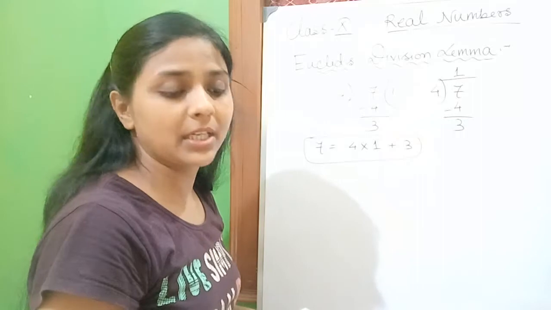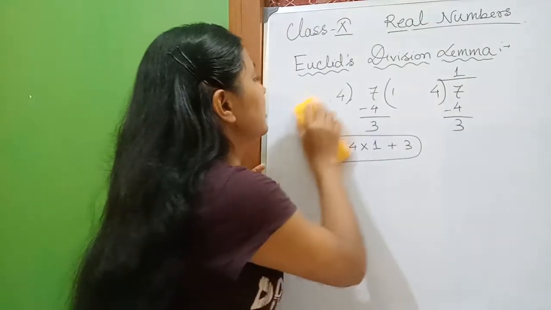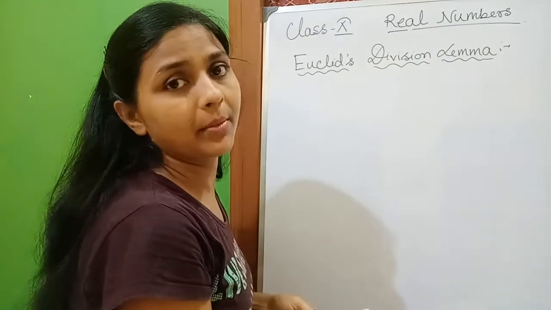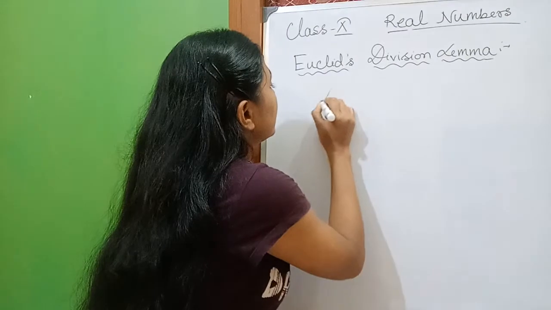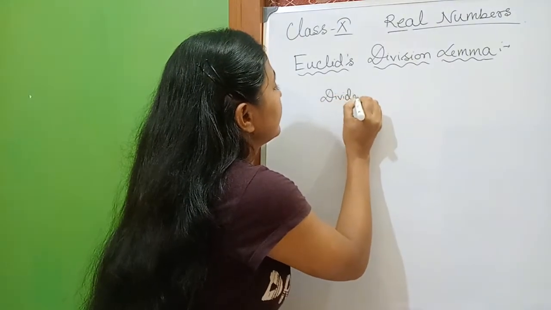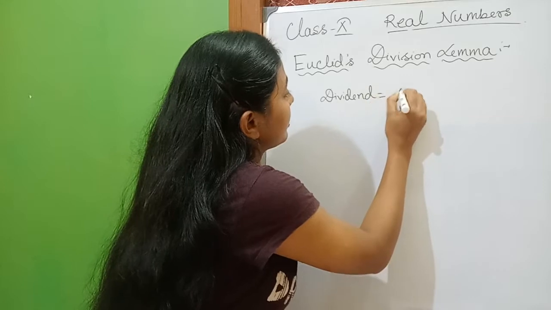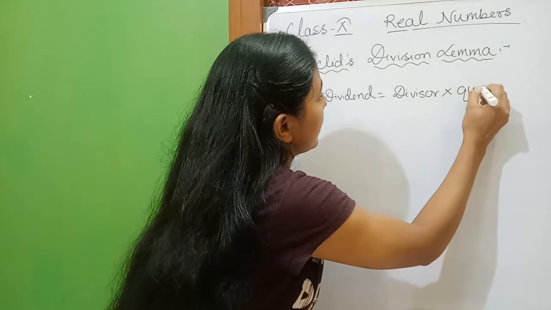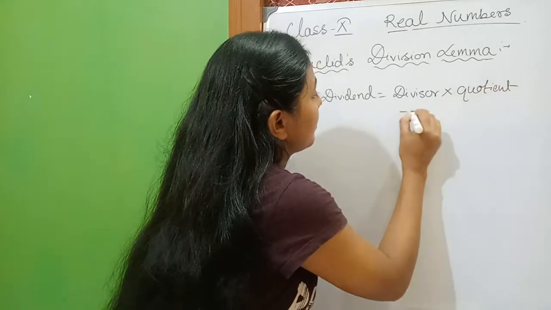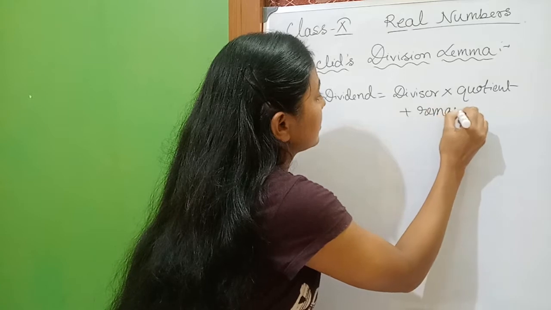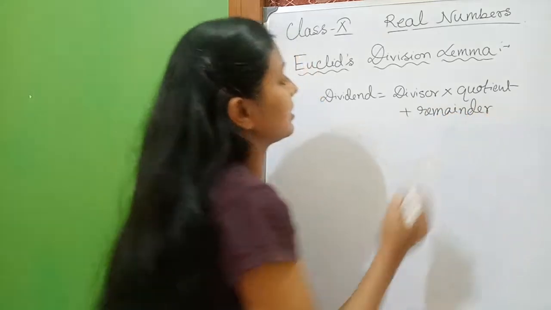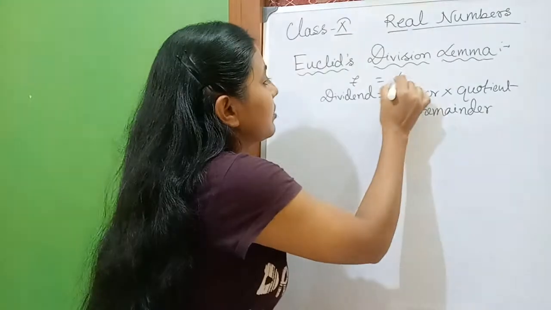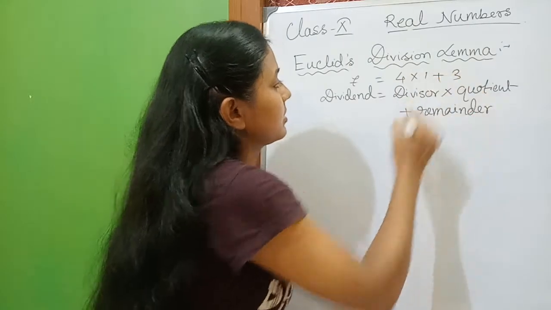And this particular statement is the statement of Euclid's division lemma, that is, dividend equals divisor into quotient plus remainder. The way we have got it like this, 4 into 1 plus 3.